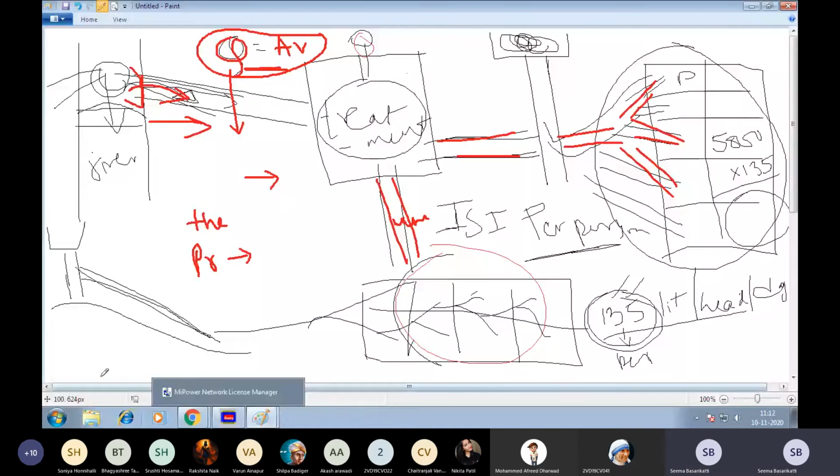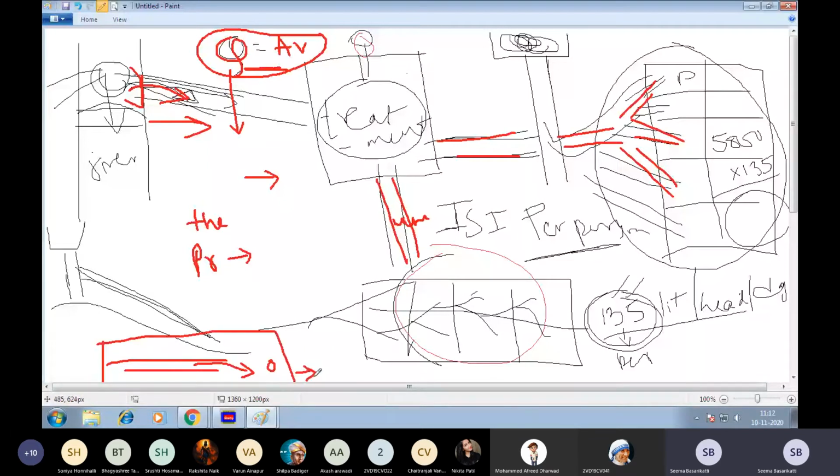But since the special concentration is given on water here, and sewage includes many organic and inorganic impurities, you are going to study sewage disposal in environmental 2. For the time being, I'm not going to discuss all these things.